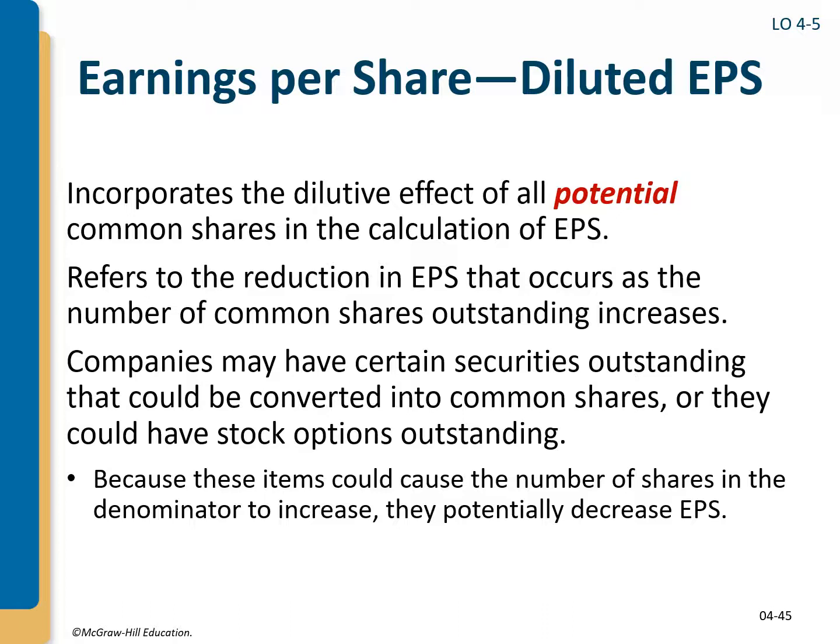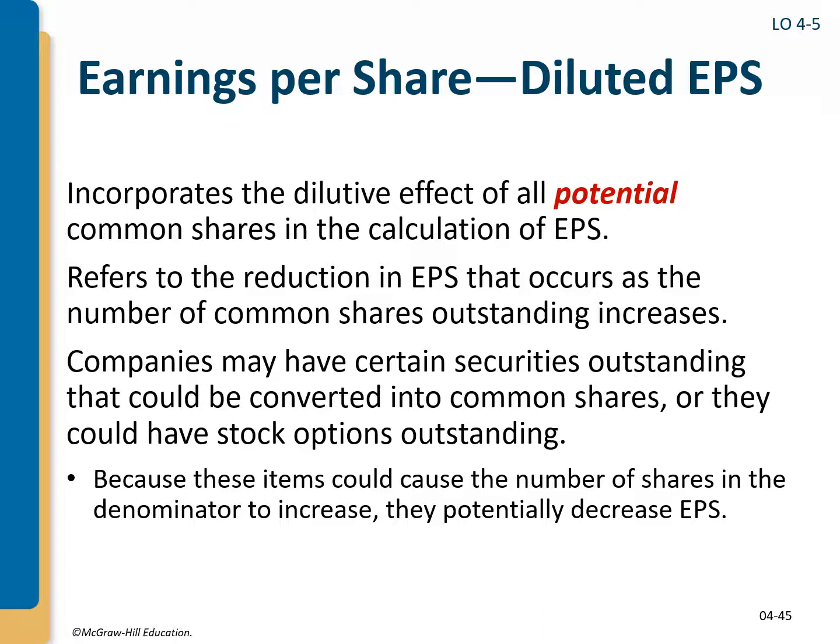What happens to our earnings per share? It's diluted. It goes down. It gets weaker. So what we do with diluted earnings per share is kind of a what if? What if everybody who could buy our stock because they got these crazy little options to do that actually did it? What would our earnings per share have been?